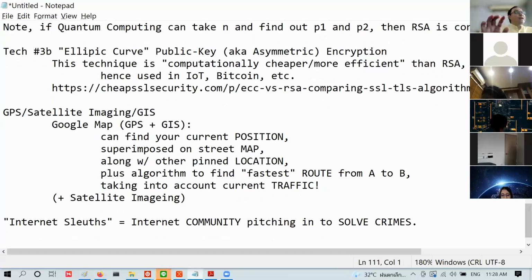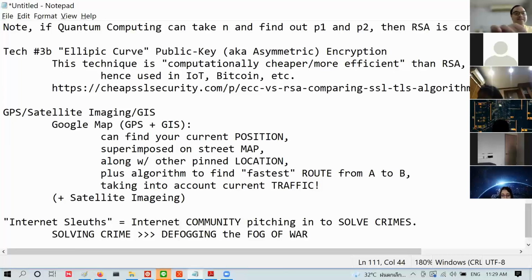Well, if you enlarge the concept a little bit, let's go from solving crime to defogging the fog of war.